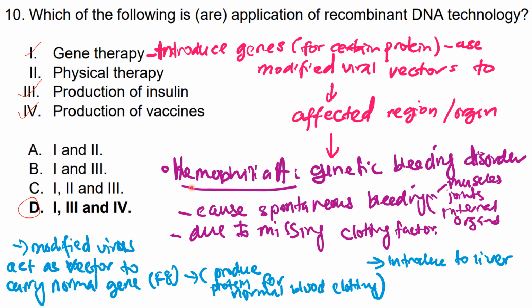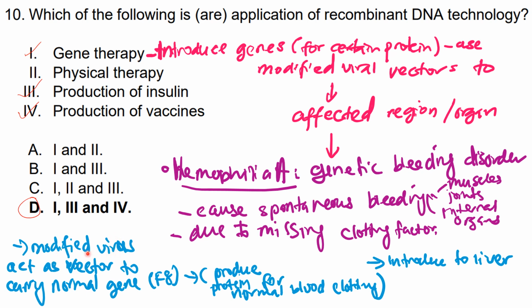To treat hemophilia A, the gene that codes for the normal protein for normal blood clotting is inserted into a modified virus. This virus will not cause any disease to the human.